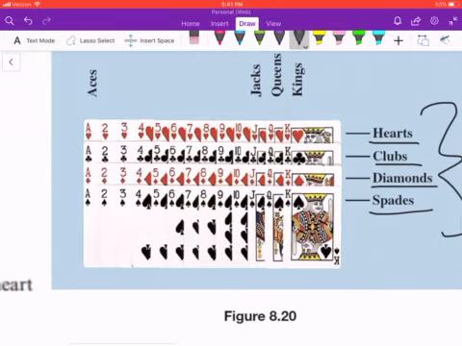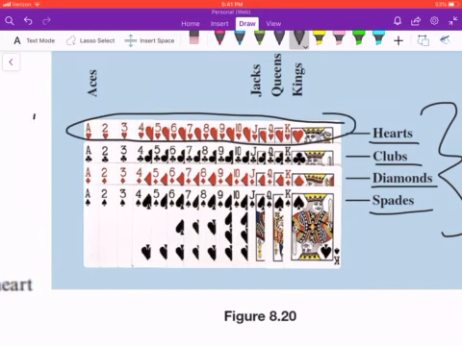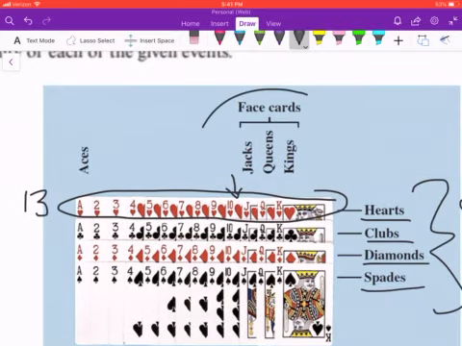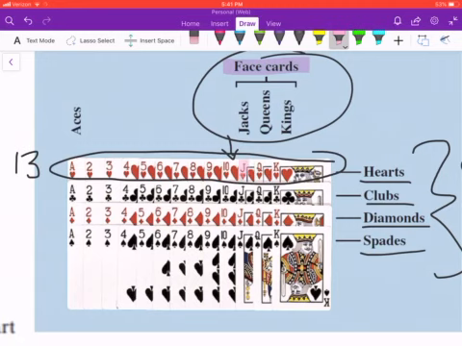Now, for each suit, we have 13 cards in total, and those 13 cards are an ace, numbers from 2 all the way to 10, and then we have what we call the face cards, and the face cards will be the Jack, Queen, and King.